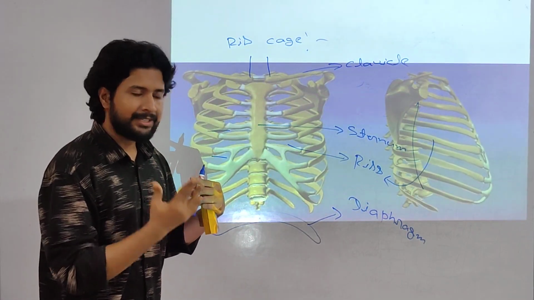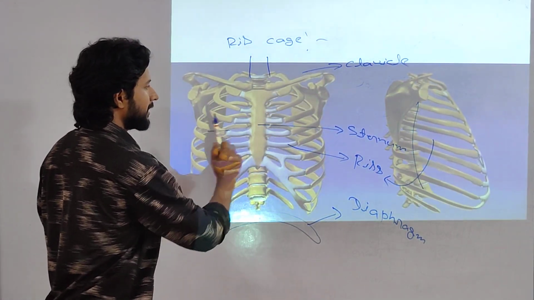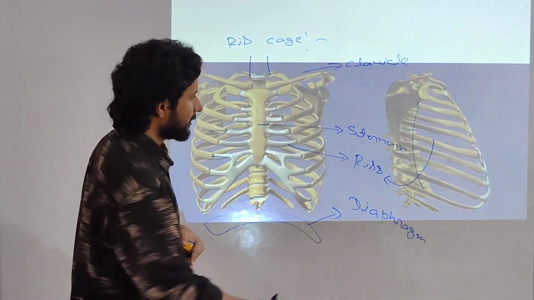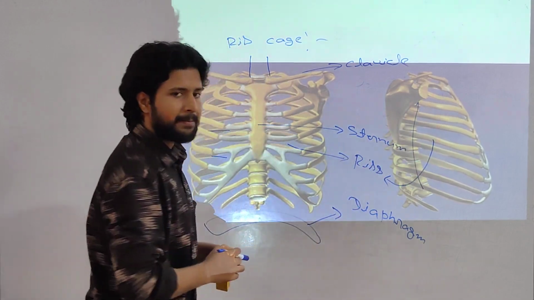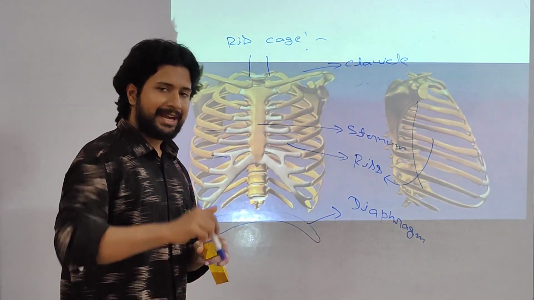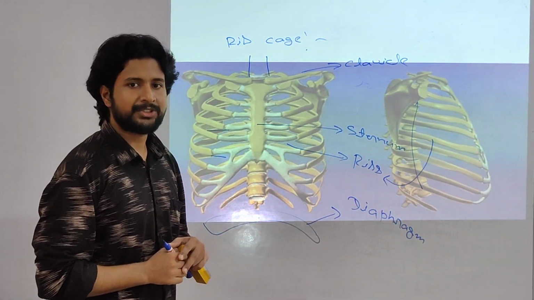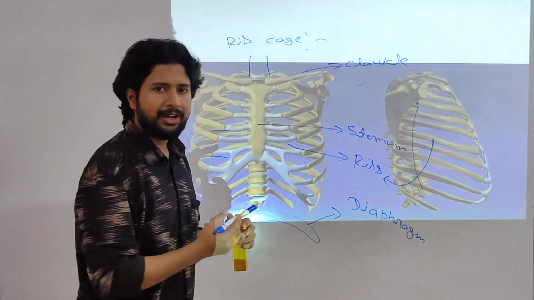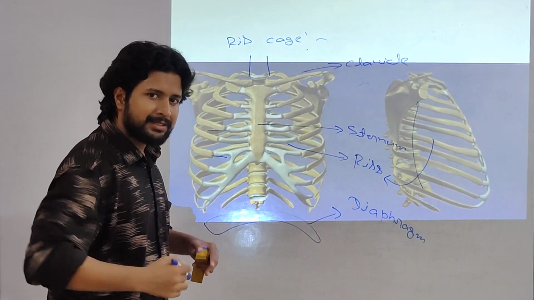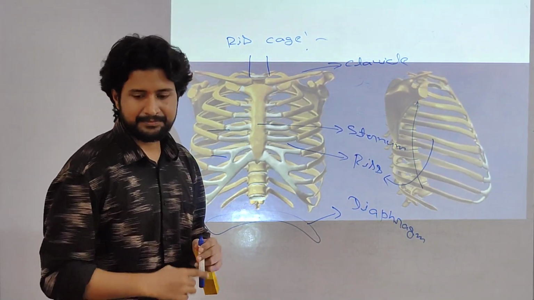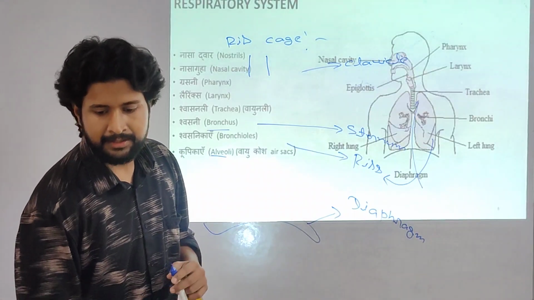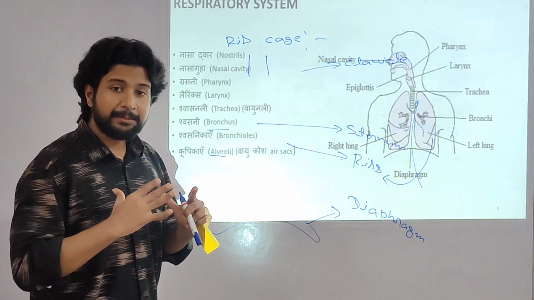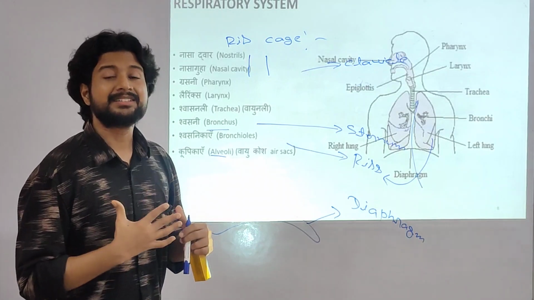At the ventral side you will see sternum bone as well as ribs. At the lateral region again ribs are present on both the sides. At the dorsal portion there is vertebral column, which can also be called backbone, as well as ribs. So inside the rib cage our lungs are present.